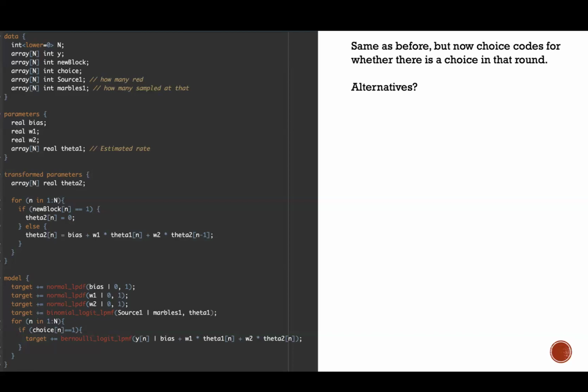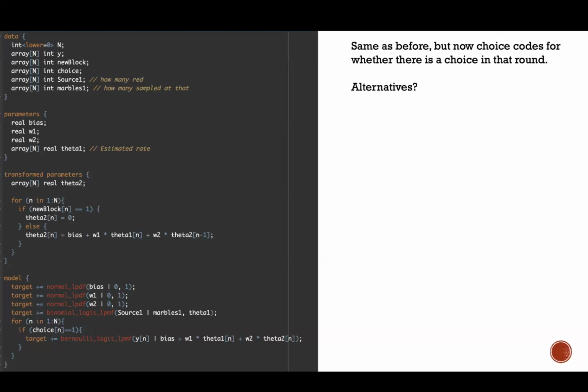Okay, so basically what we're doing here is we build a full machine that, on a sampling to sampling basis, updates the belief, this estimated belief of the participant, given what happened in the previous trial and what gets sampled now. But we calculate the log posterior likelihood only in the trials in which they actually make the choice.